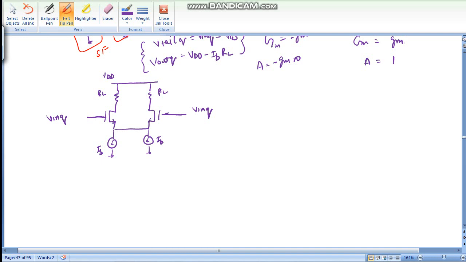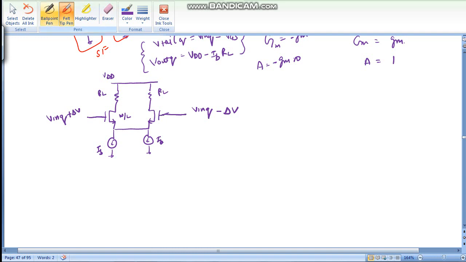This is W by L for both. Now suppose we give here delta V, we give here minus delta V. So basically we are giving differential input to our differential amplifier.